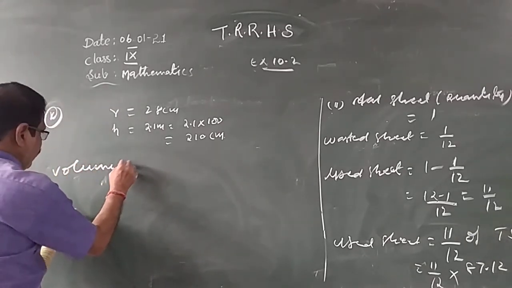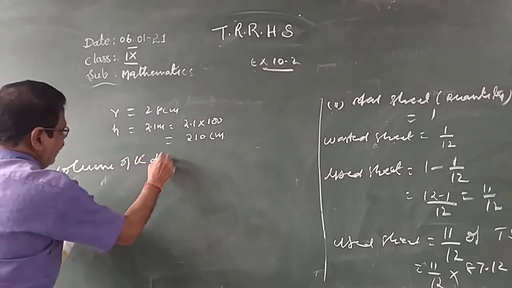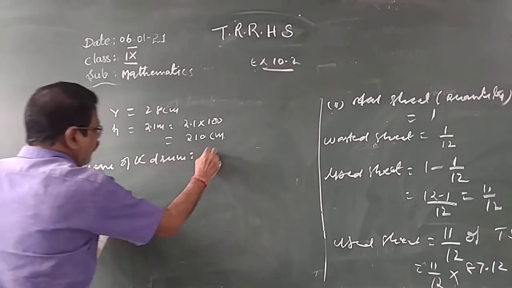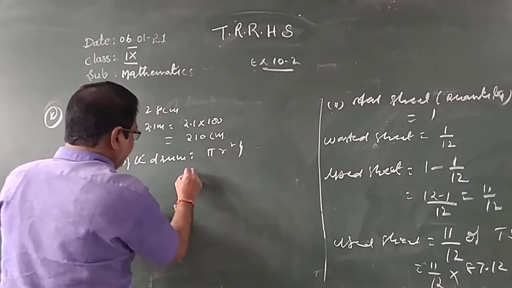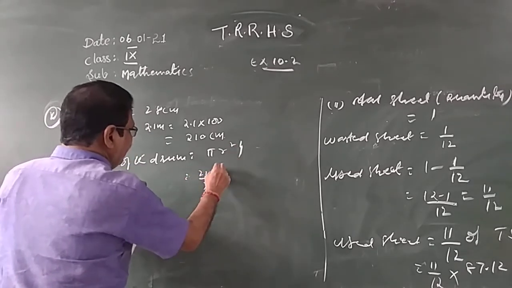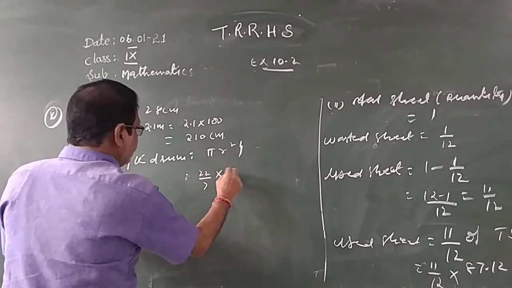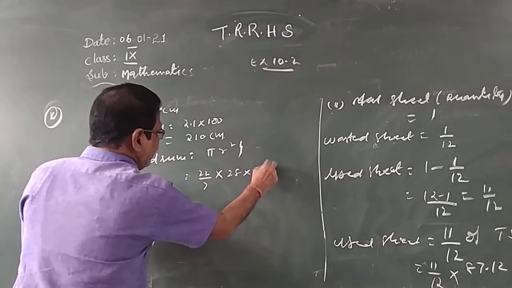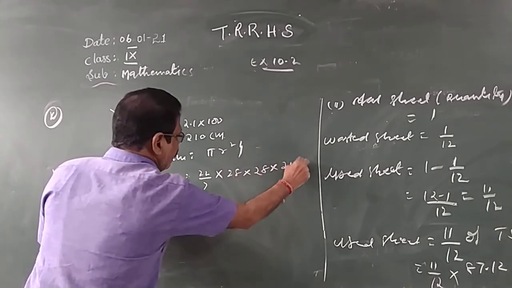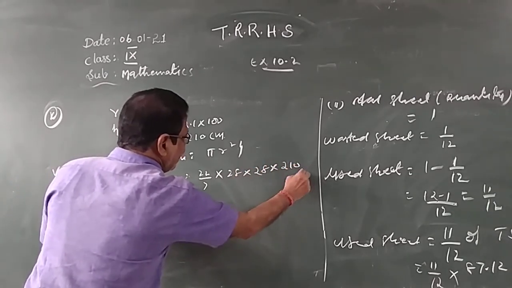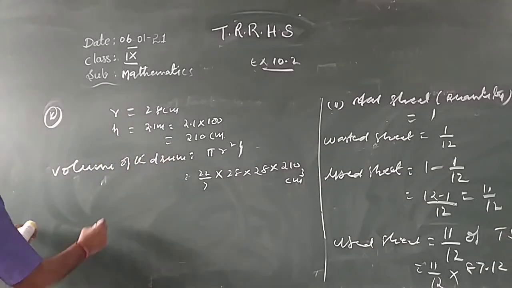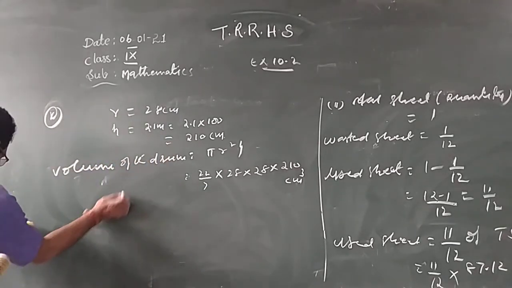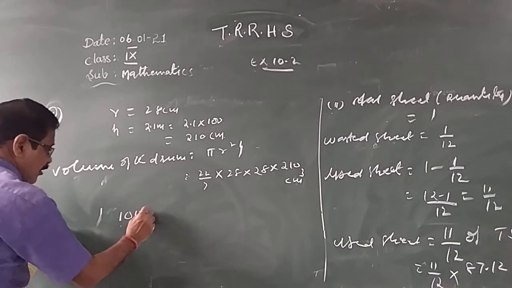Volume of the drum is pi r square h. Pi is 22 by 7, radius is 28, so 28 into 28 into h, which is 210 cubic centimeters. Change it to liters. 1 liter is equal to 1000 cubic centimeters.